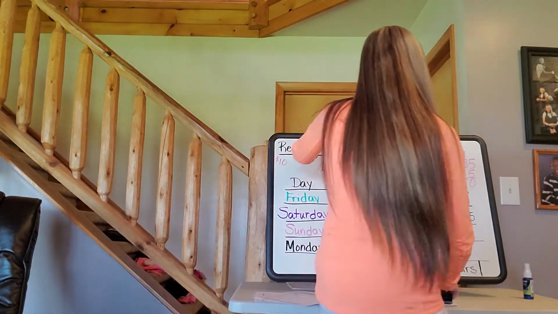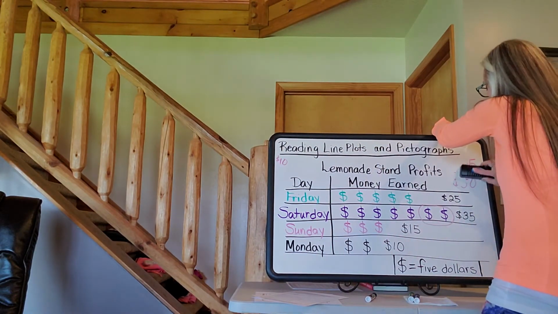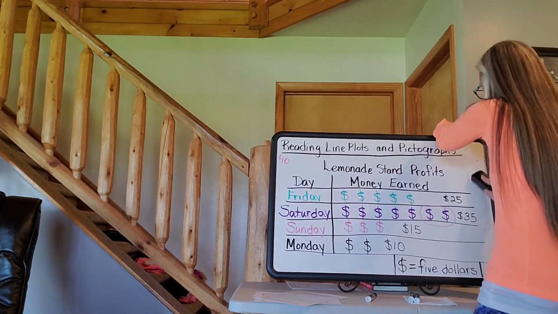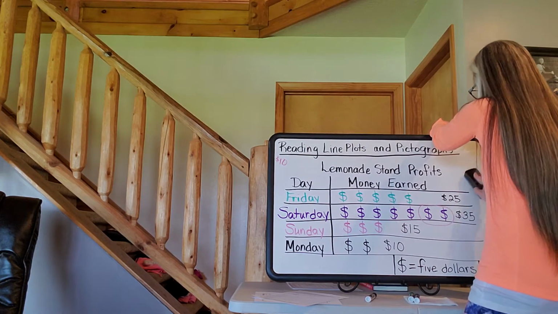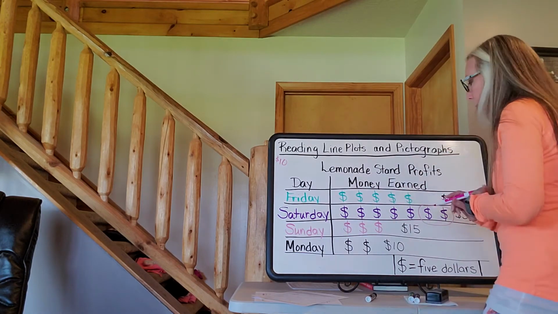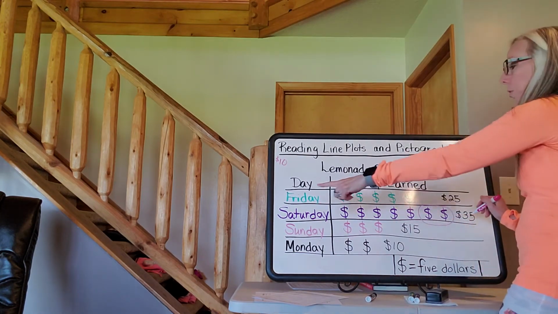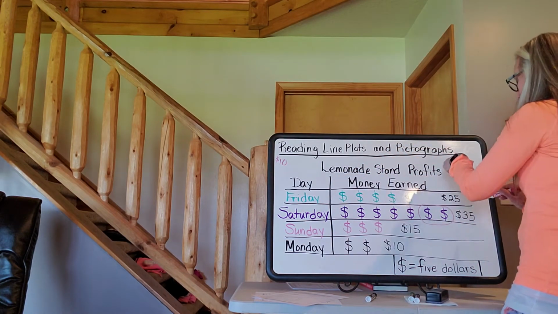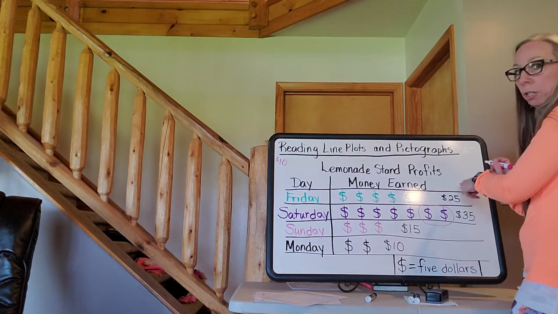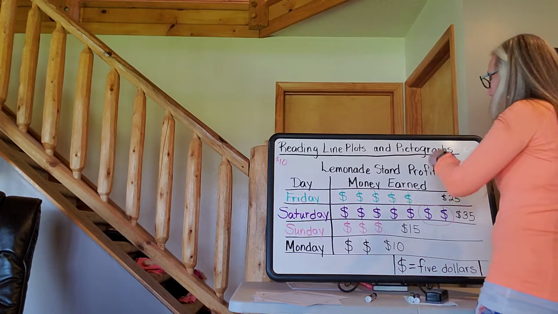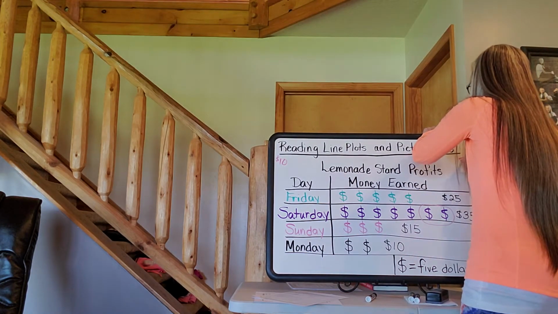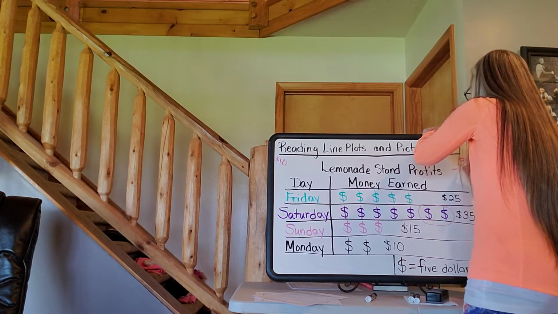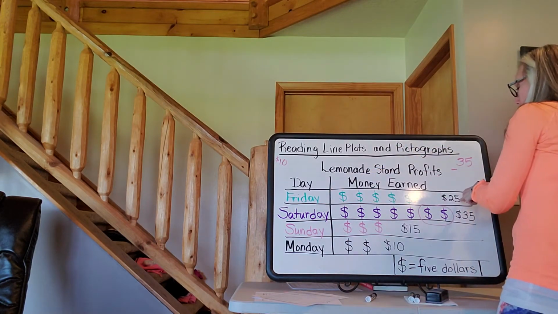So I'm going to erase my problem over here because my board is so small. Remember, I'm missing my big board at school, but we'll do what we have to. So how much more did I make on Saturday than on Friday? Which number is bigger, 35 or 25? 35 is bigger, so 35 has to go on top. 35 take away 25.